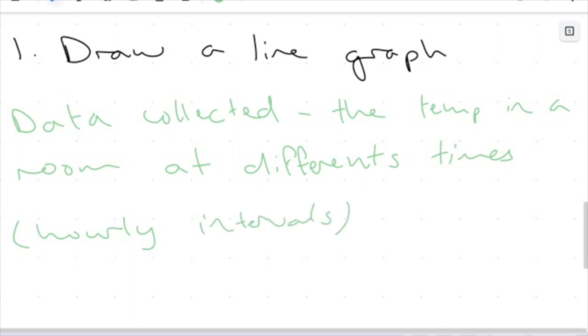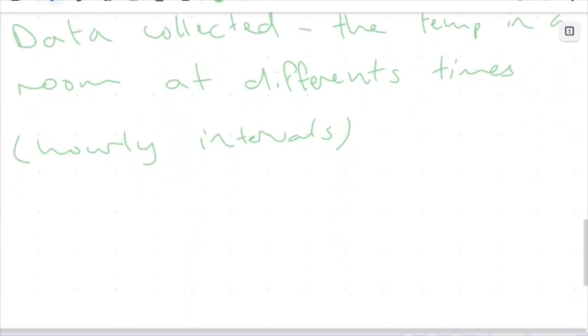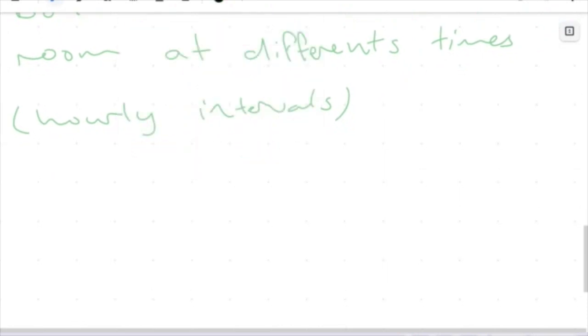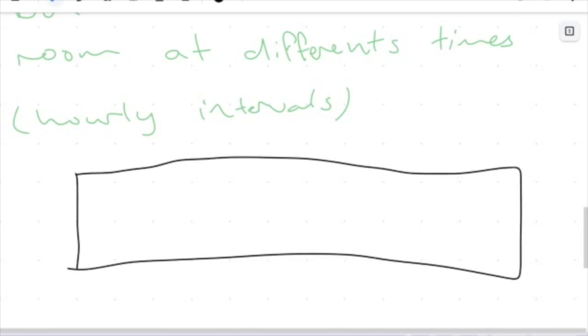If we, for example, drew a table, this is the data we have collected. So we've sat in a room and measured the temperature across different time periods.